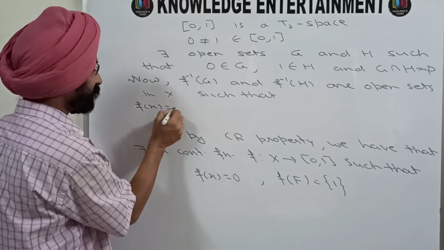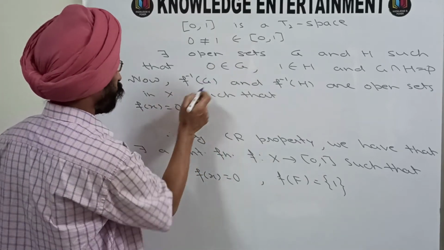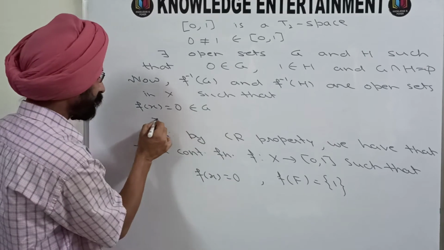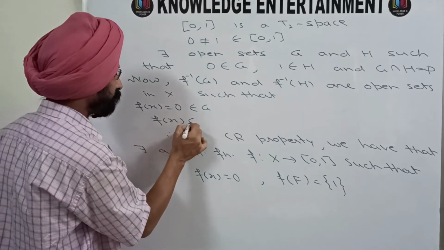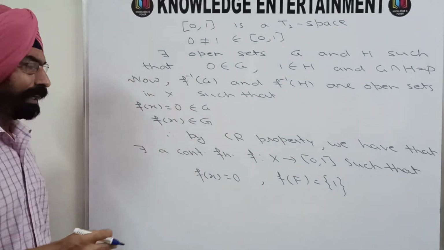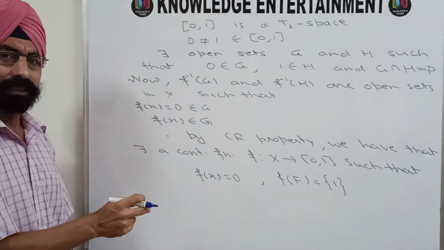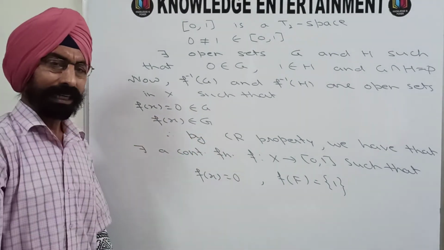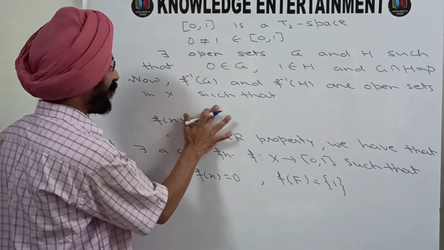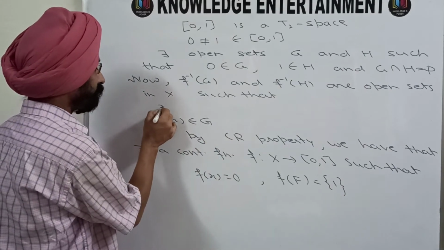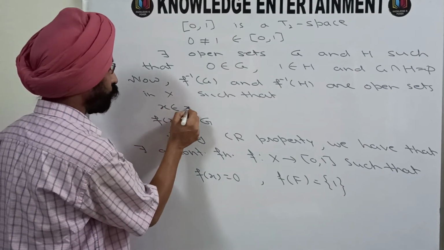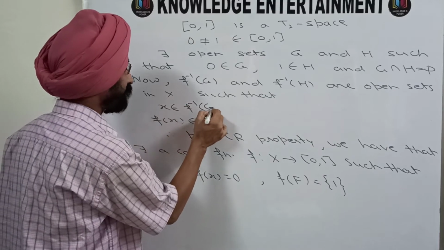That means f(x) belongs to G. f(x) belongs to G means x belongs to f inverse G. This is one thing.